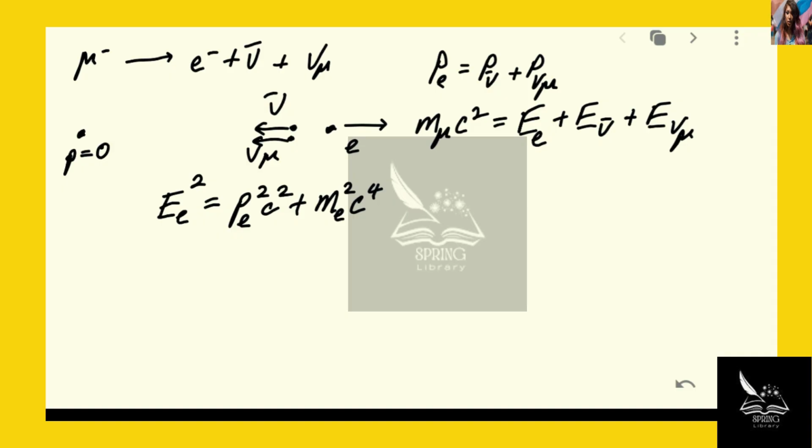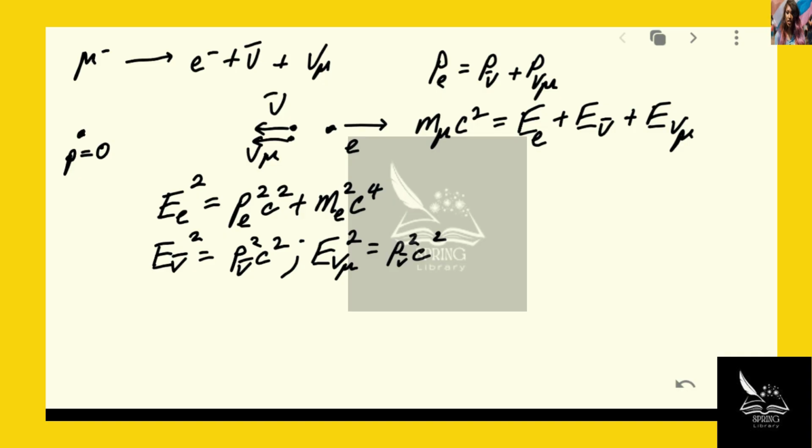For our neutrinos, because they are massless, they do not have rest energy, so their total energy is made up of only the momentum. So this is our set of energy equations.